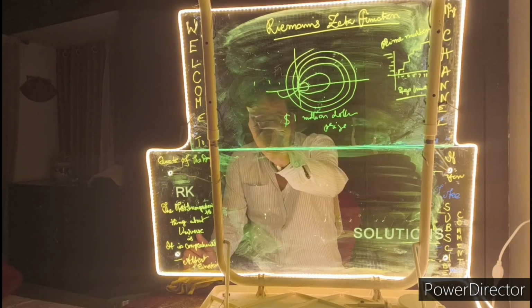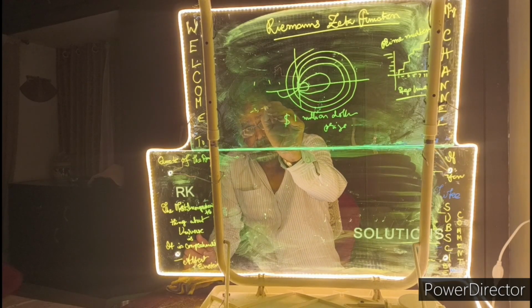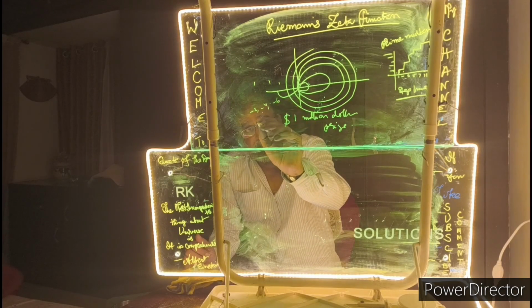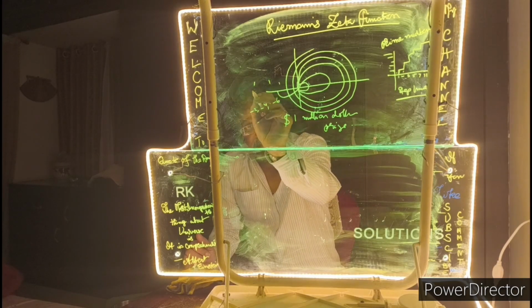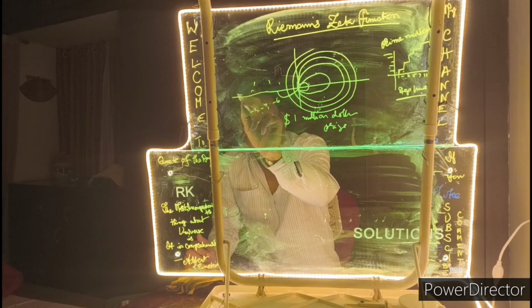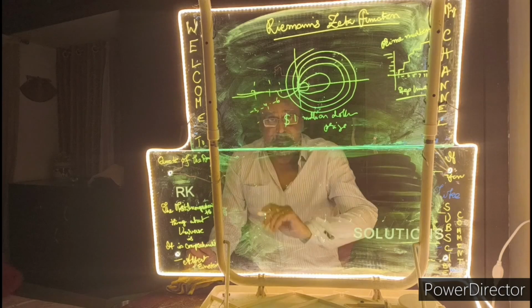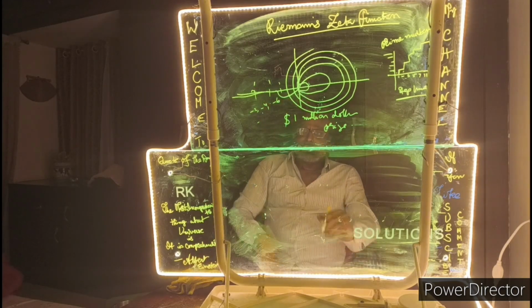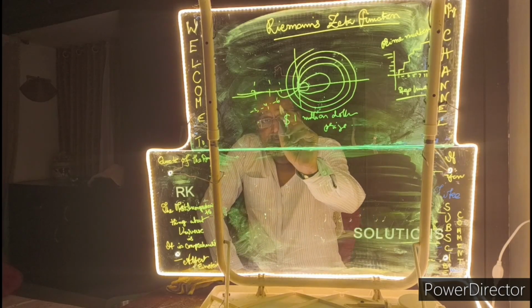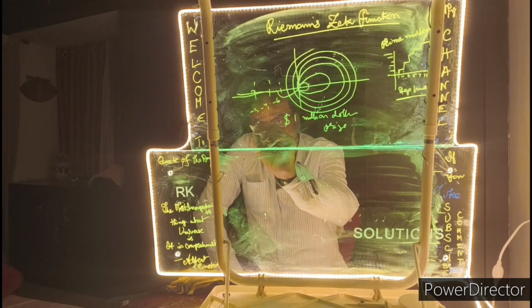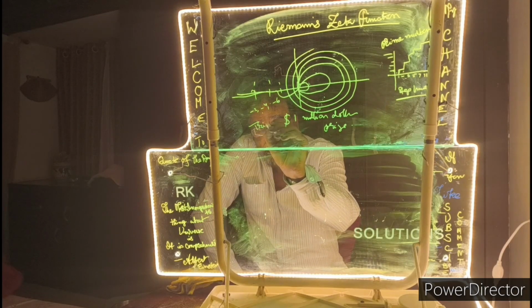When you substitute s with minus 2, minus 4, minus 6, like that, you will have these zeros. These zeros are nothing but the intercepts of the x-axis. This x-axis is this one, and those zeros are called trivial zeros.